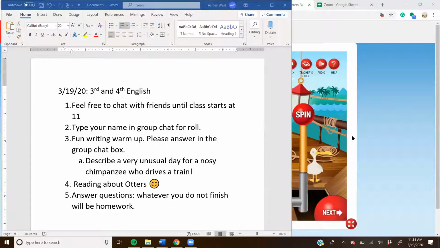Alyssa, how many sentences do you have to do? As many as you'd like. You can do one, you can do two, you can do three. It's up to you. It's just a fun sort of icebreaker to get our brains warmed up this morning. Did you finish yours, Alyssa? No, not yet.